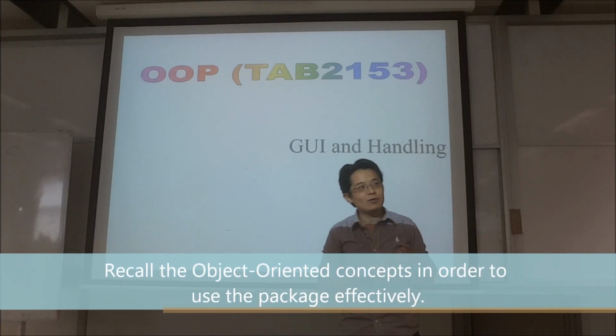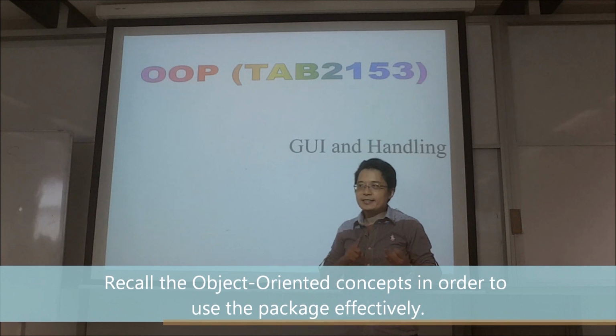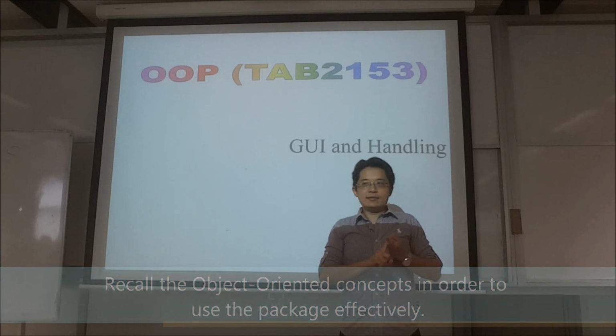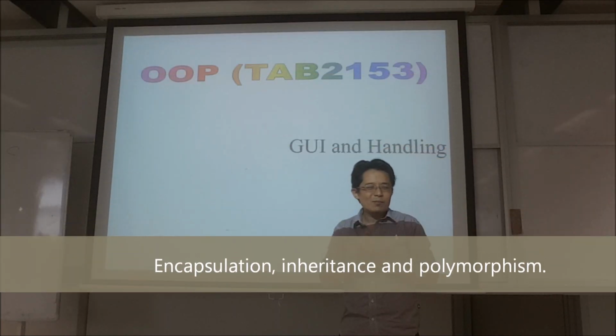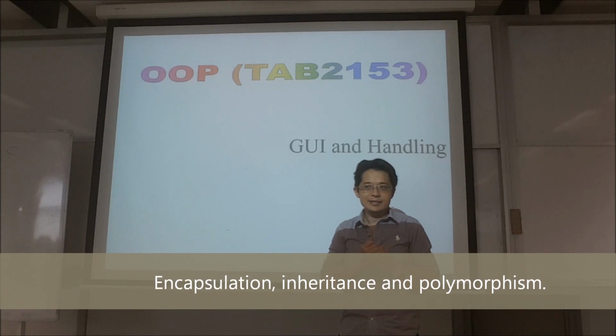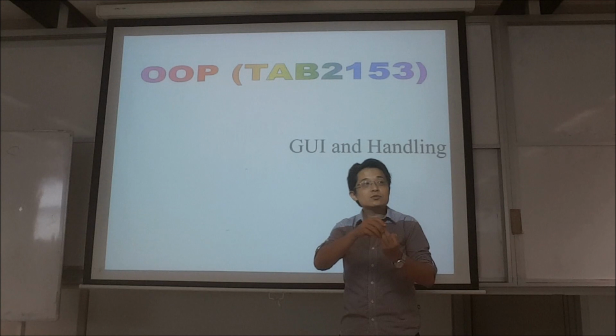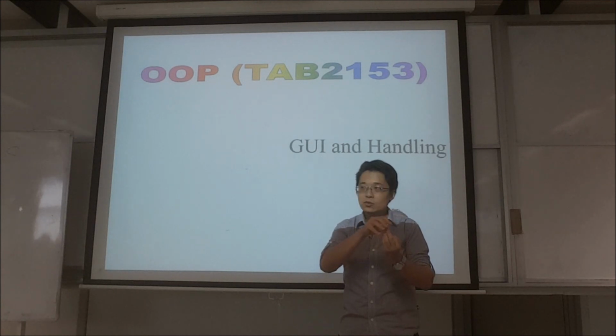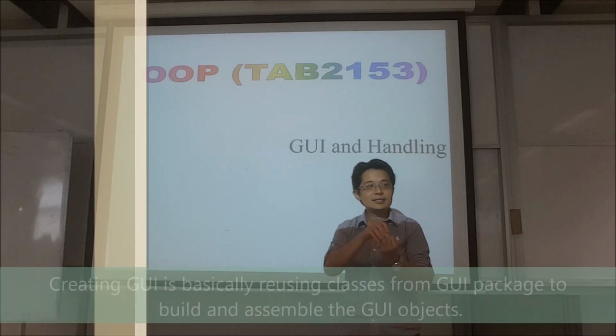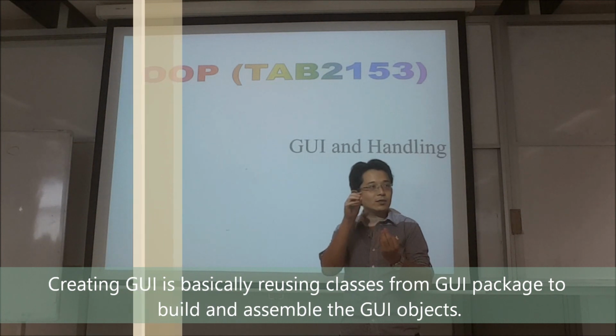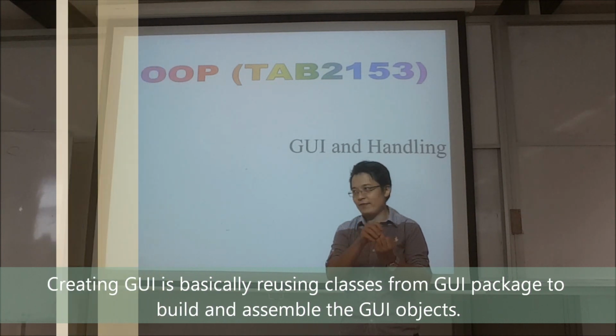Have you learned encapsulation? Have you learned inheritance? Right? Have you learned some polymorphism? Yes. So we will use these concepts to reuse the classes inside the GUI package effectively.